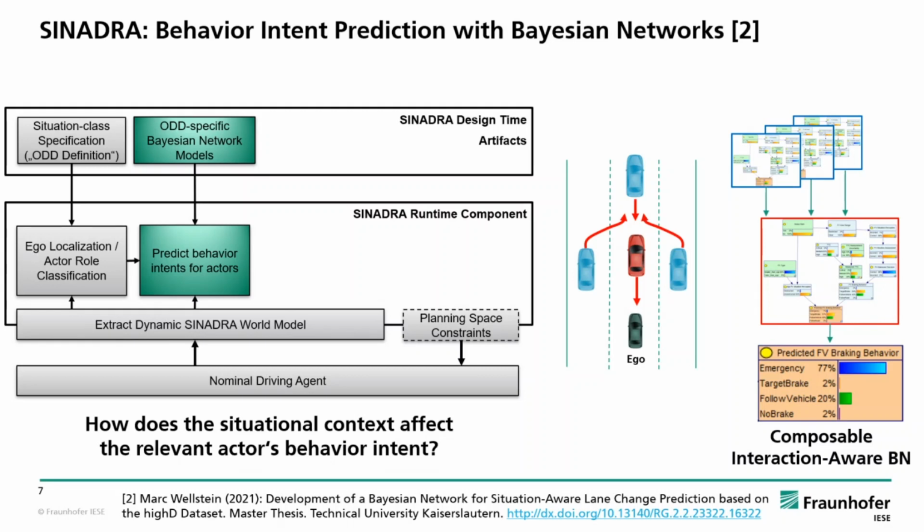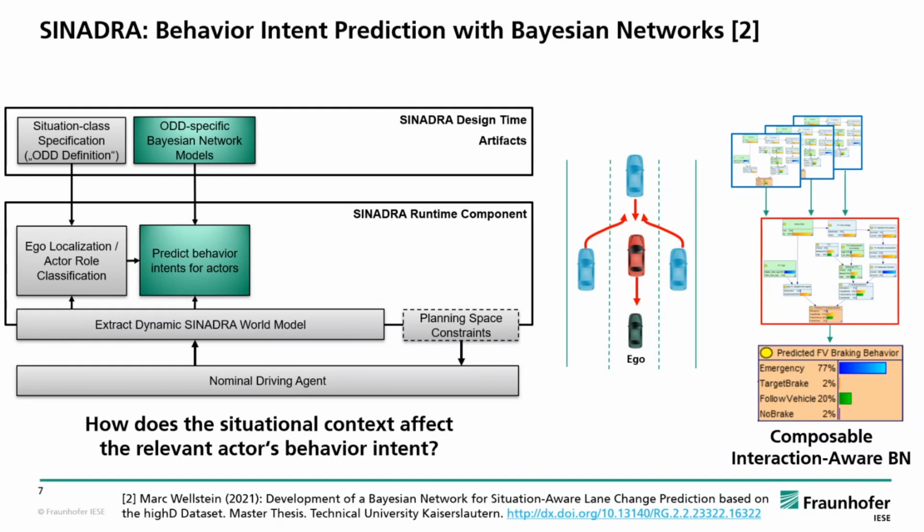So in consequence, we would create additional Bayesian networks that have the aim to predict, in the two cases here, lane change, and in the front vehicle of our front vehicle, again using a similar Bayesian network structure for predicting braking behavior and its influence on the red vehicle braking behavior.